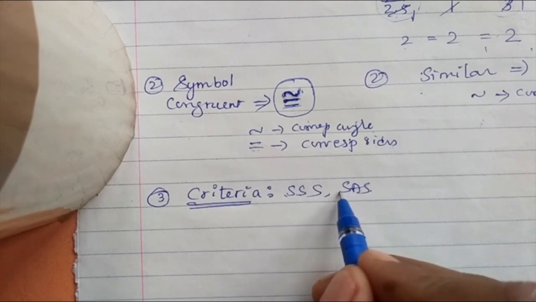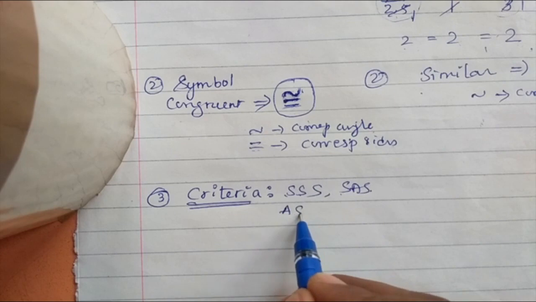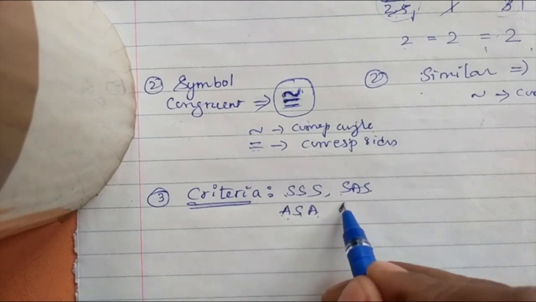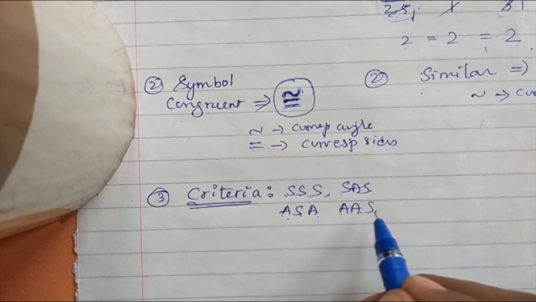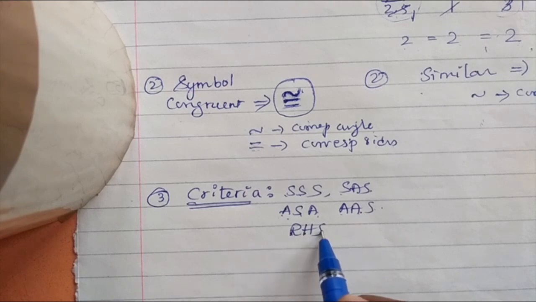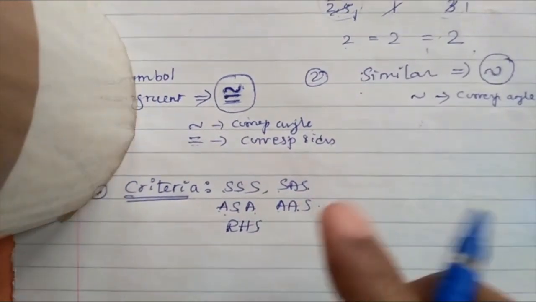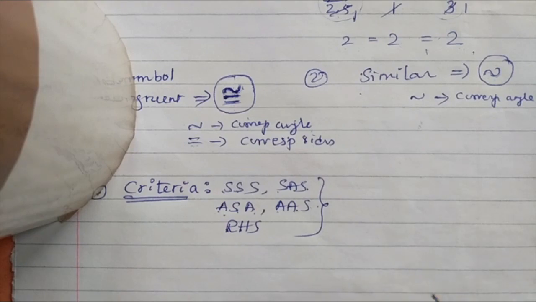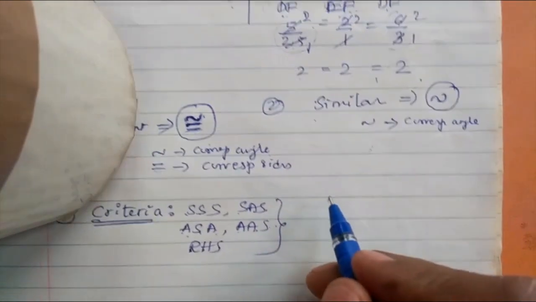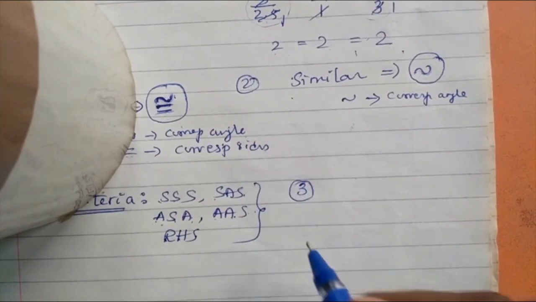Angle, that is in between the two sides. ASA, angle, side, angle. AAS, angle, angle, side. And RHS in right angle triangle: right angle, hypotenuse and other side. So these 5 congruent criteria we are using in congruency of triangle. That is the third major difference comparison.